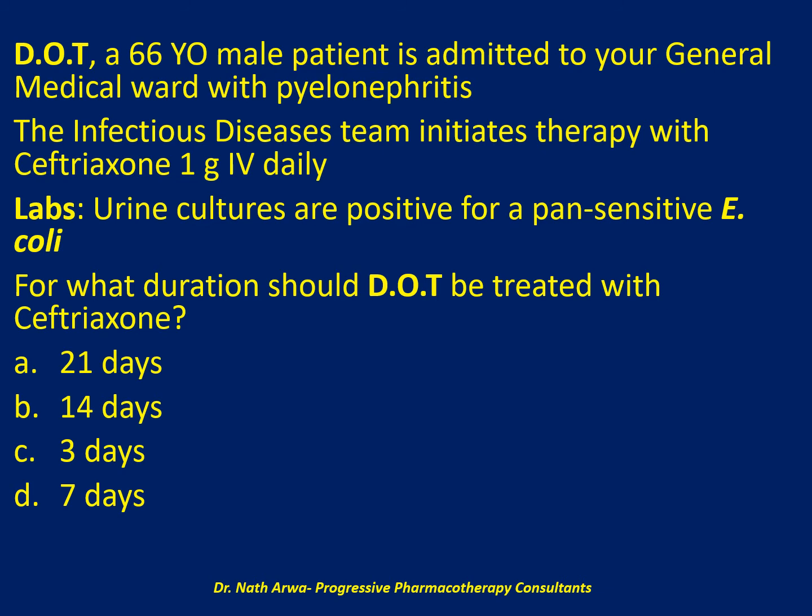Some of the pertinent labs include urine cultures that are positive for a pan-sensitive Escherichia coli isolate. So my question to you is, for what duration should Mr. DOT be treated with ceftriaxone via the IV route? Should it be for 21 days, 14 days, 3 days, or 1 week? I'll give you 10 seconds to choose the correct answer.